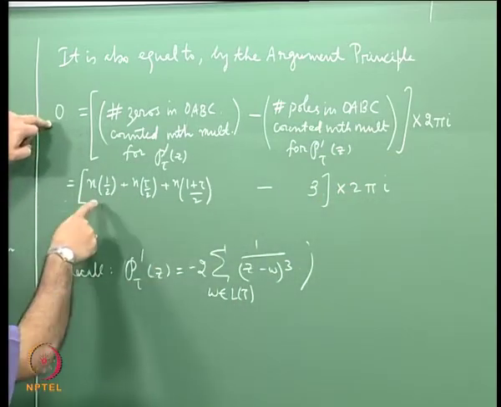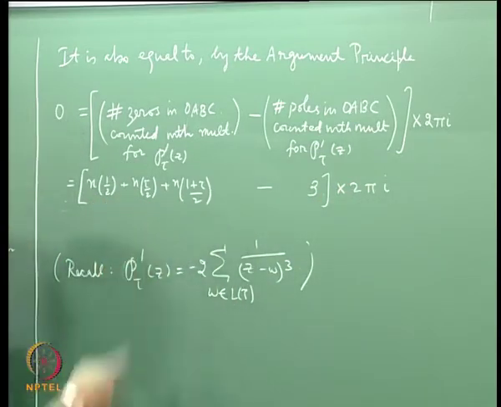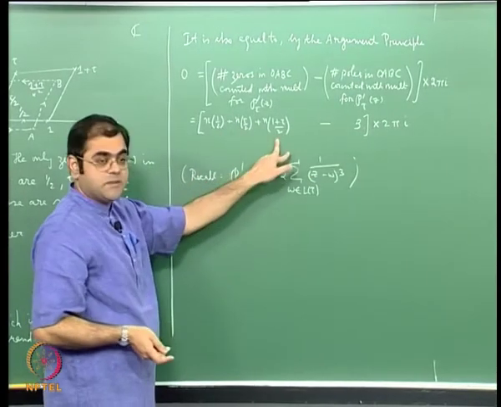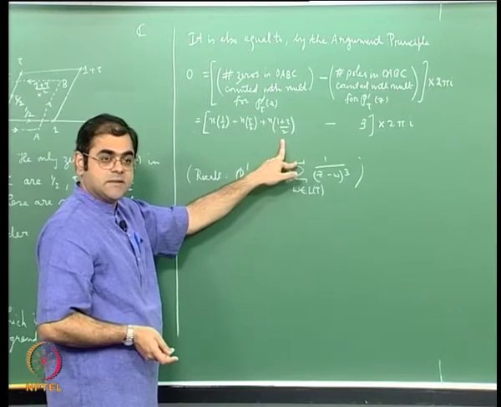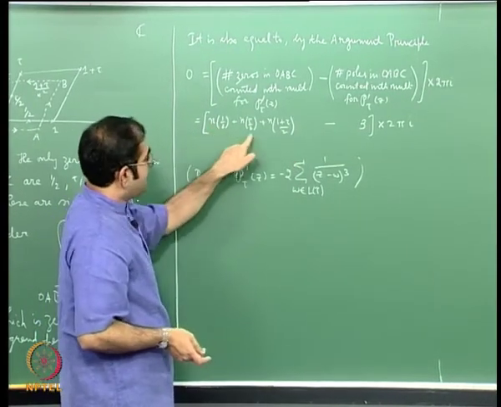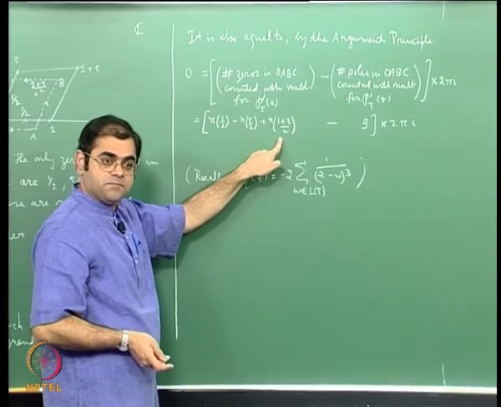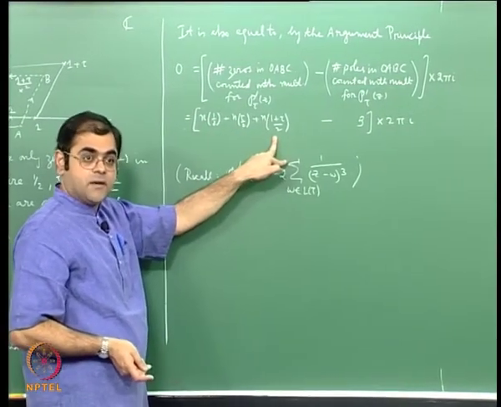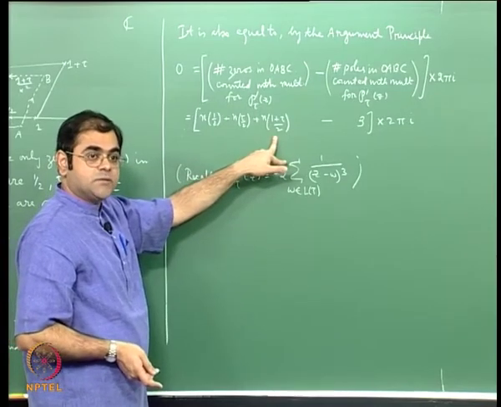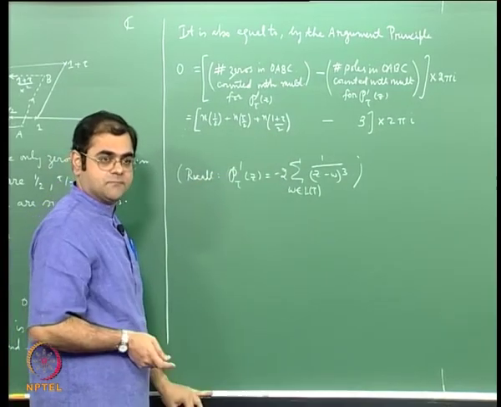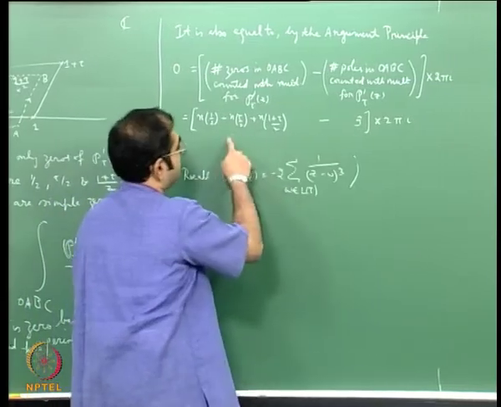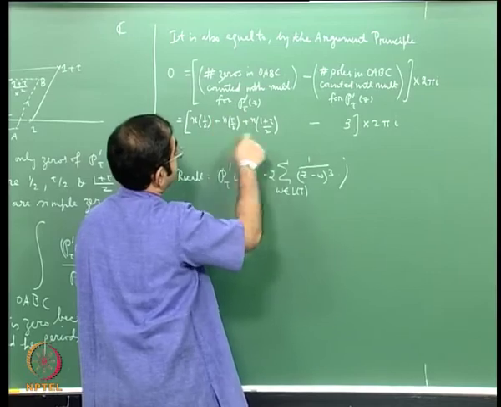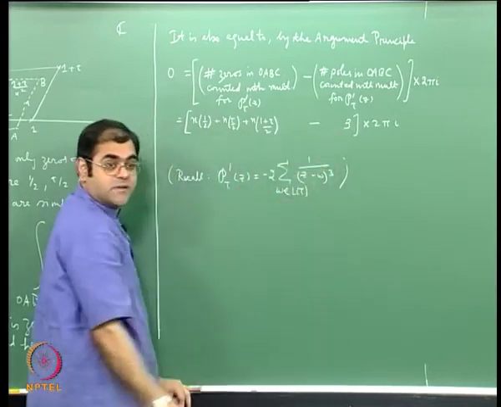What does it imply? It means that each one has to be at least 1, but the sum is 3, therefore each one has to be 1. So the moral of the story is that these are 3 zeros and each of these zeros is a simple zero, plus it also tells you that you cannot have any other zeros, because the sum of all the zeros counted with multiplicities has to be equal to 3, okay.